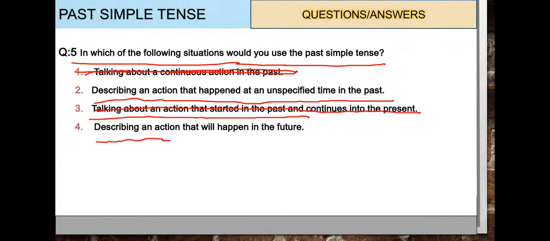Describe an action that will happen, no. Now we came to know that this is the actual use: describe an action that happened at an unspecified time in the past. It happened in the past and we don't know about the timing, like we are not mentioning when it happened. Just like that. So at that time we are using past simple.